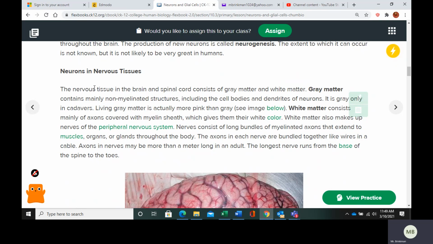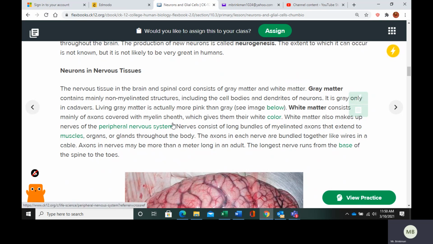Gray matter is mainly non-myelinated structures such as cell bodies and dendrites. White matter is axons covered in myelin sheath, so the myelin gives them their white color. All right, white matter also makes up the nerves of the peripheral nervous system.